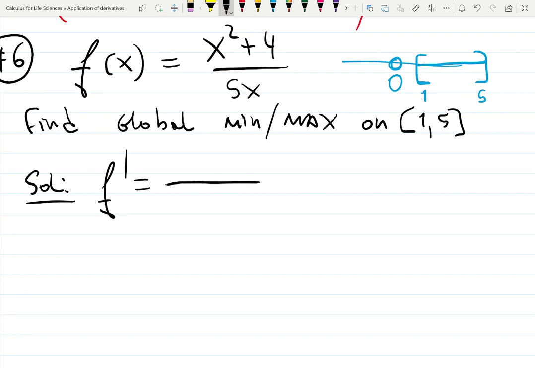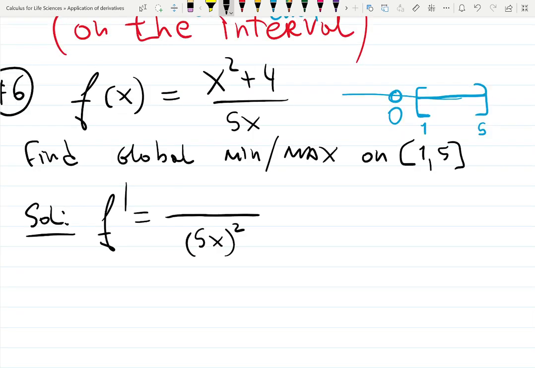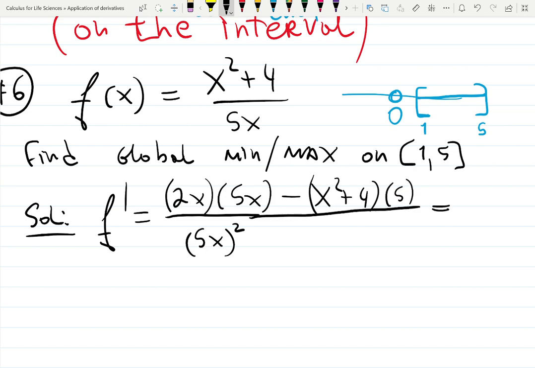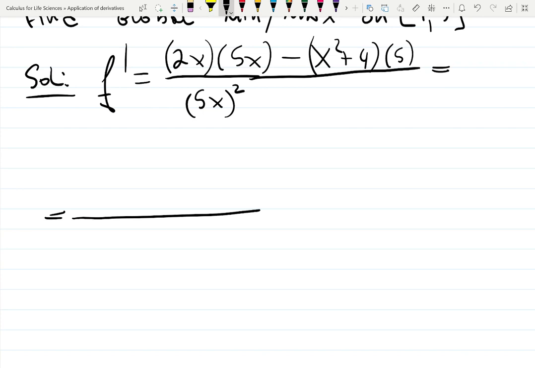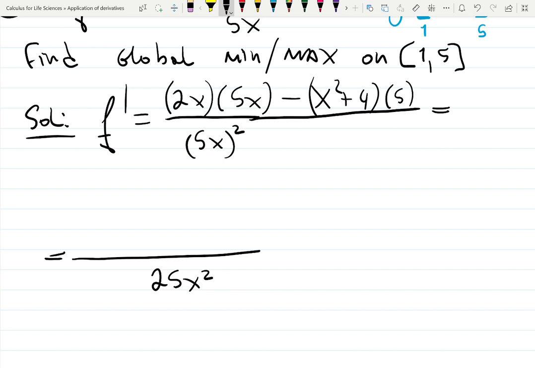Try to do quotient rule faster than me. 5x squared, square the denominator. Differentiate the top, that's 2x. Copy 5x, minus copy x squared plus 4. Differentiate the bottom, which is 5. Right. Simplify. 25x squared, not necessary, but why not? Then it's going to be 5 times 2, 10x squared, minus x squared minus 1, which is 2, very nice.